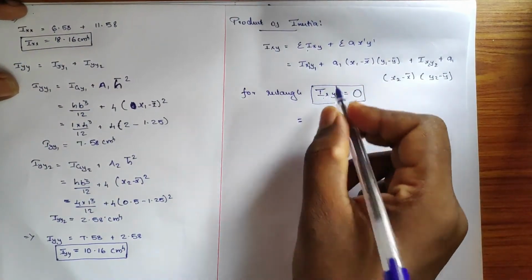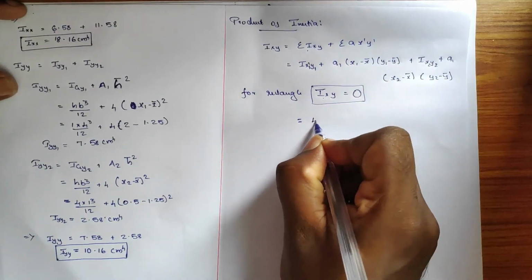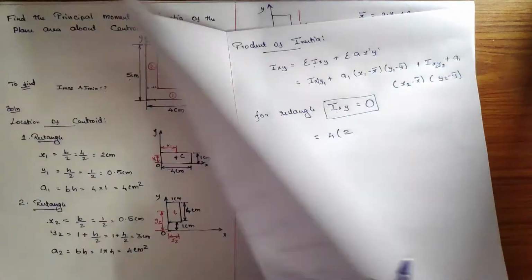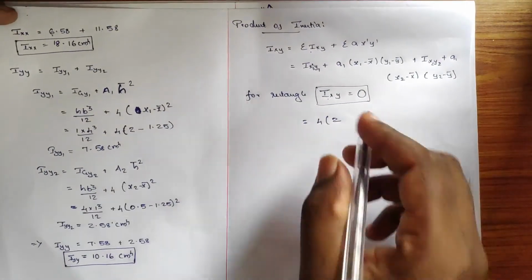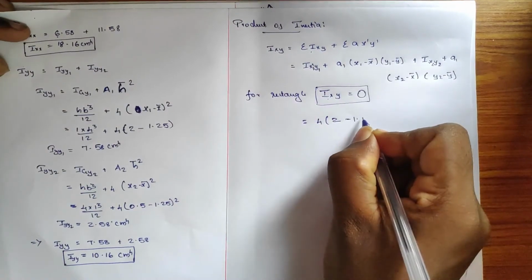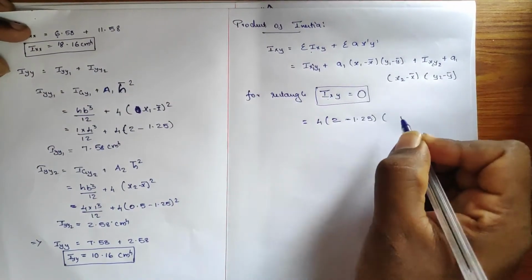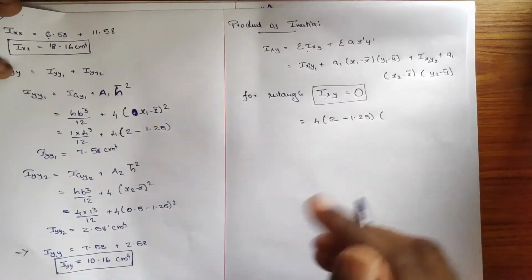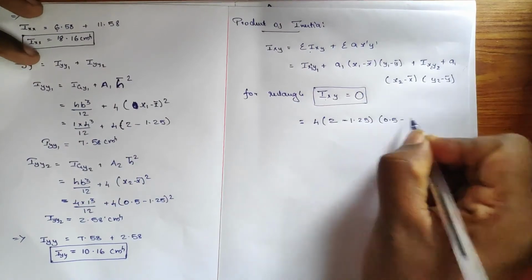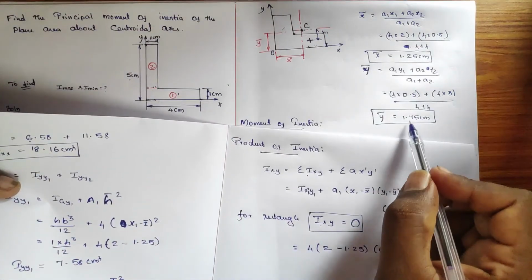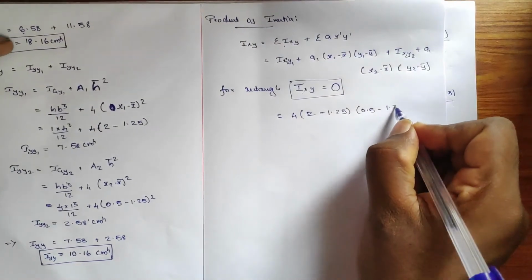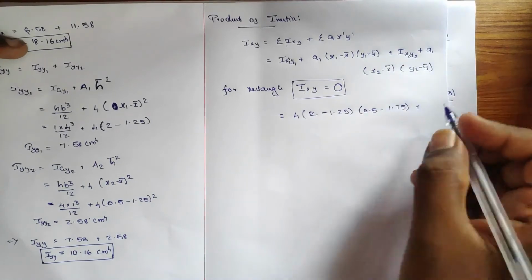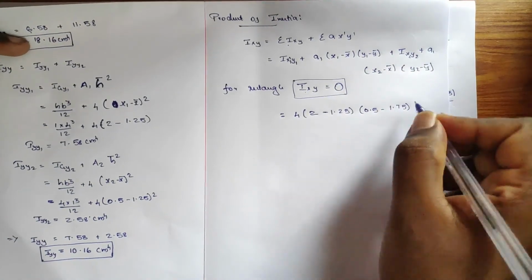So here if I substitute A1 is 4 and X1 value is 2, just look into the previous one. X1 is 2 minus X bar is 1.25, and Y1 value is 0.5 minus Y bar value, which is 1.75, plus IXY2, which is 0. I am just leaving it.